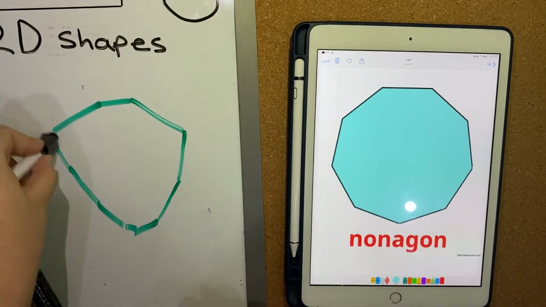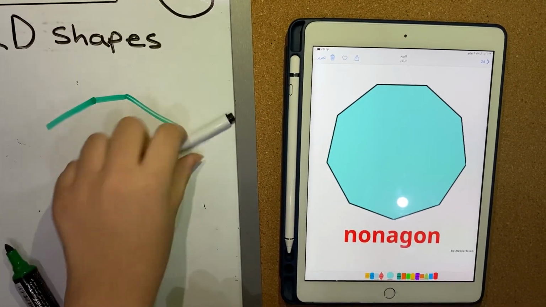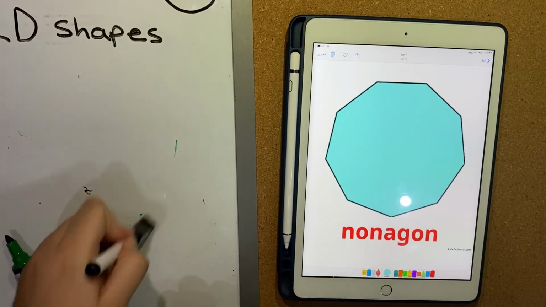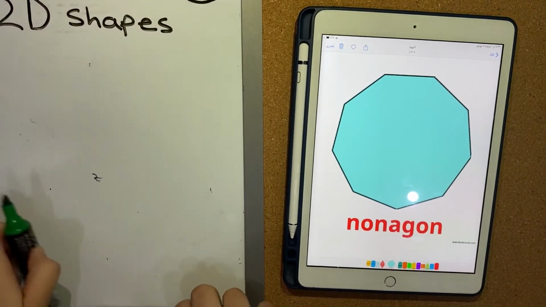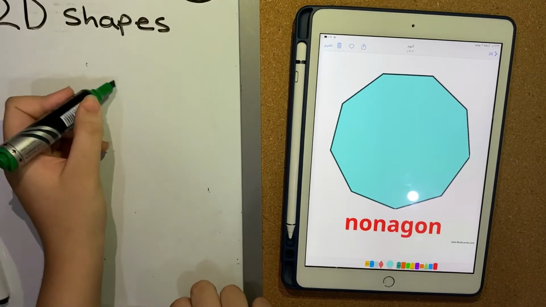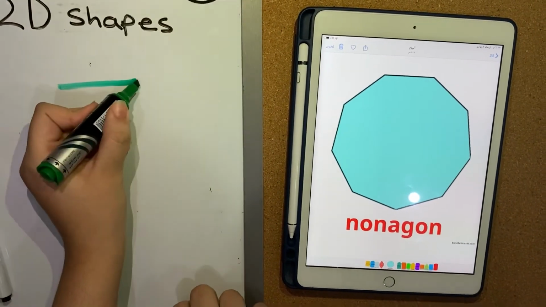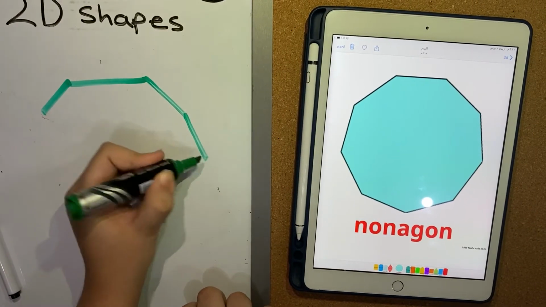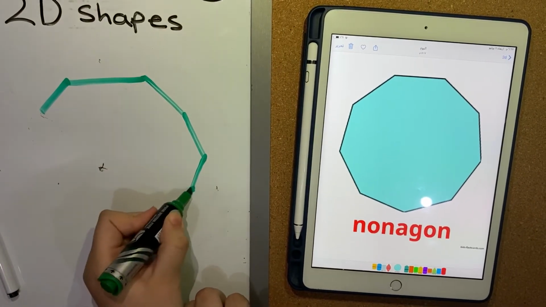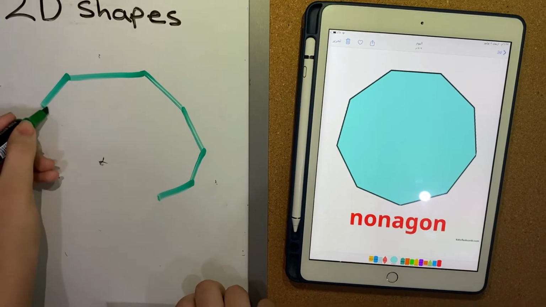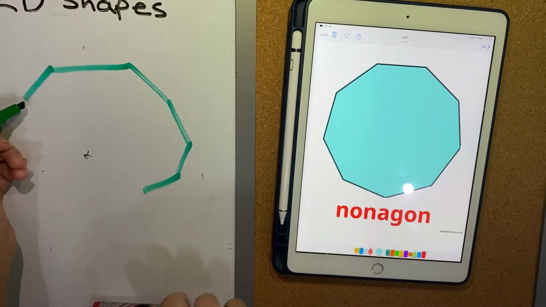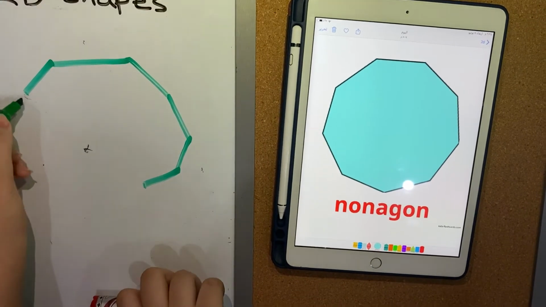Let's erase it. Okay, I'm sorry, I'm not perfect at drawing. Okay, let's draw it again. Like this. Okay, I'm not perfect at all at drawing.